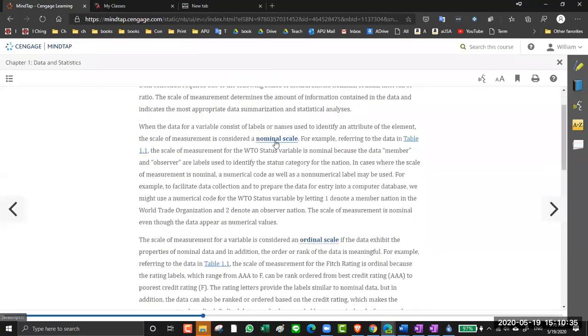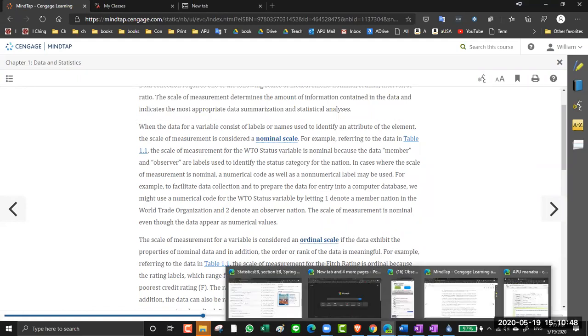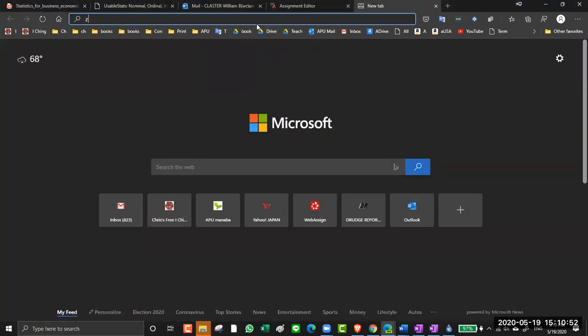So nominal, does anybody know another word or what this means, nominal? Categorical. Like not the real one. Do you know if there's anybody who speaks French? Nom is for name.